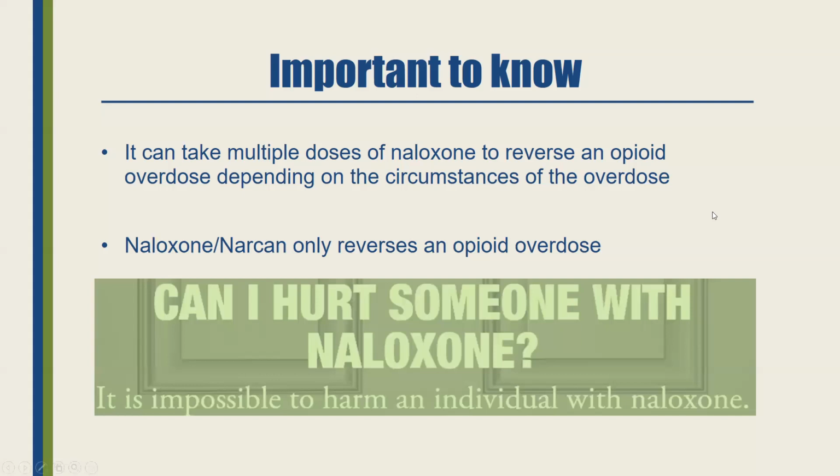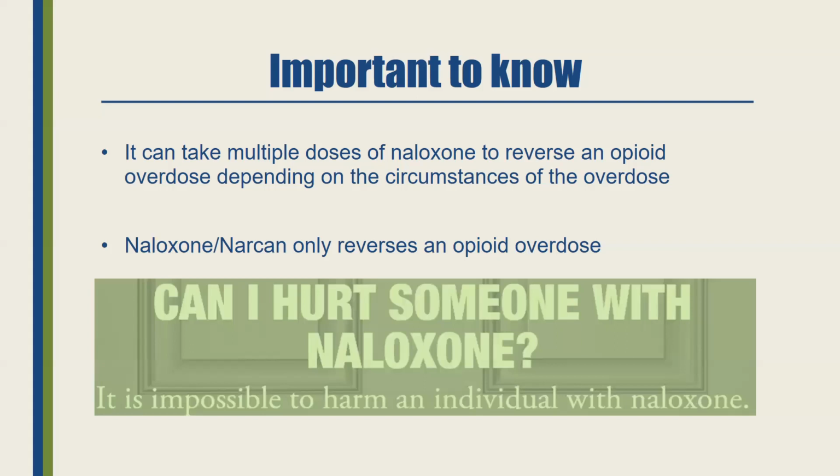Lastly, a big question out there is if we could possibly hurt someone with naloxone. The wonderful news is naloxone is an amazing medication. It's pretty impossible to harm an individual with naloxone. The only caveat to that would be some people might be allergic to naloxone, just like some people are allergic to other medications.